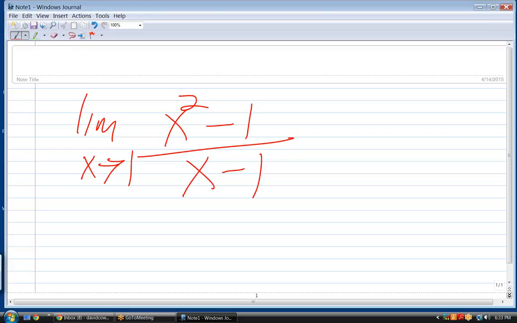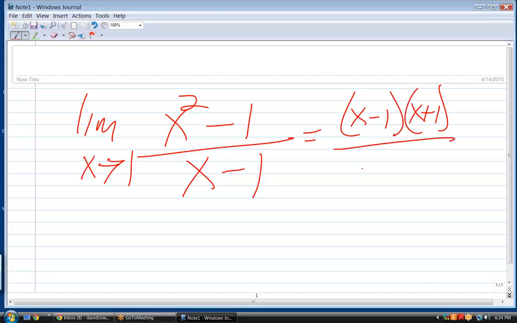But I can factor the top, let me do it the way I teach everybody to do it, into x minus 1 times x plus 1. And now I can cancel out the bottom. So now it's the limit of x plus 1 as x approaches 1. Now I can substitute, and that's 2. So that's the way you do these limit problems.